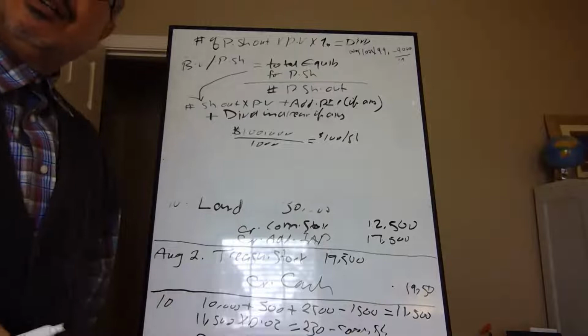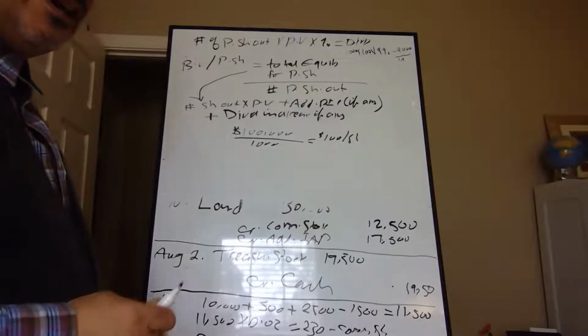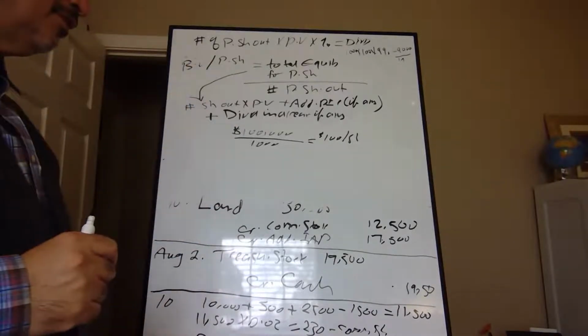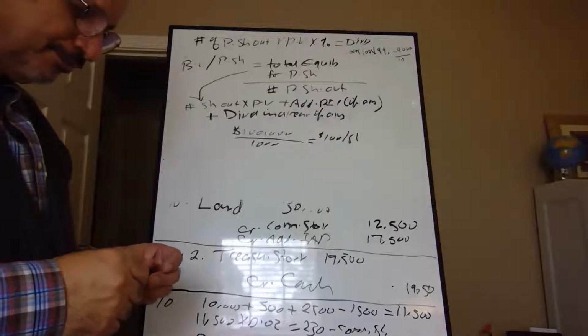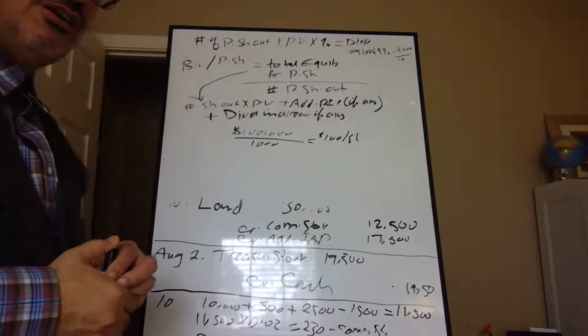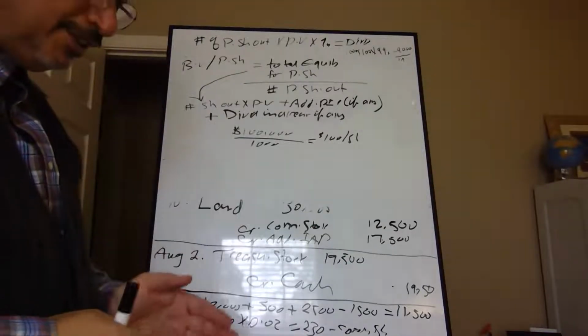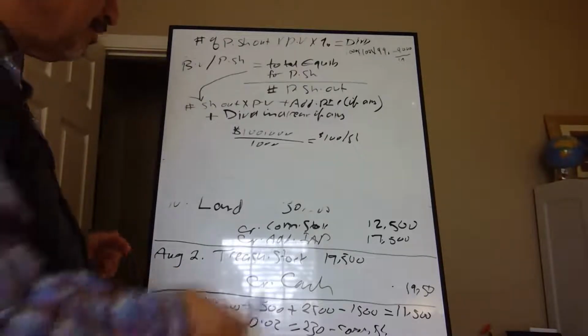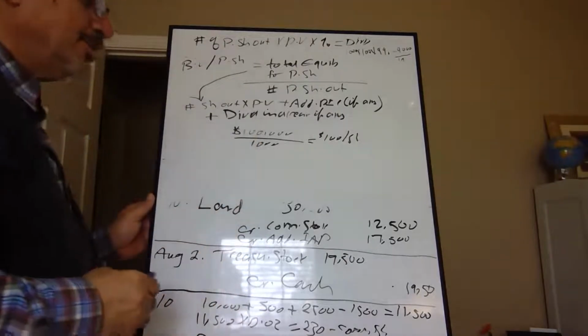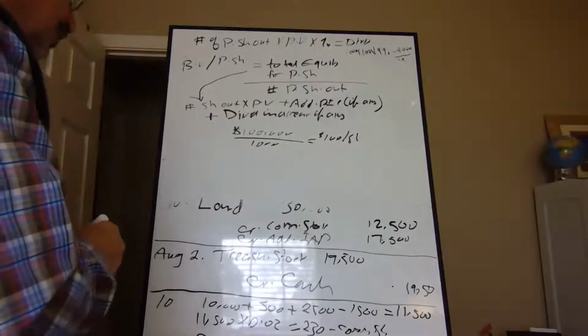what is the book value per share for common shares? Well, you've got to take the total stockholders' equity minus the 100,000. So let me write that down here.